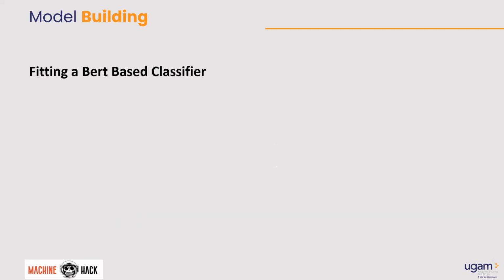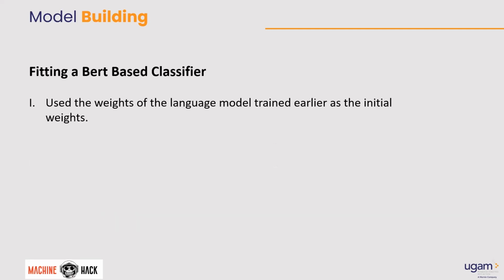Then I took a BERT-based classifier model. Whatever weights I learned from the language model, I used as the initial weights for my BERT model. Like whatever learnings I get from algebra and geometry, I'm using as initial weights for my real analysis part. I developed 12 models, one for each target.